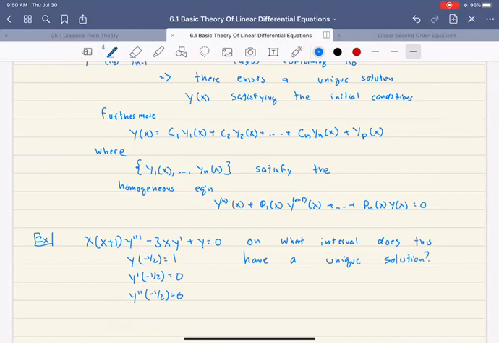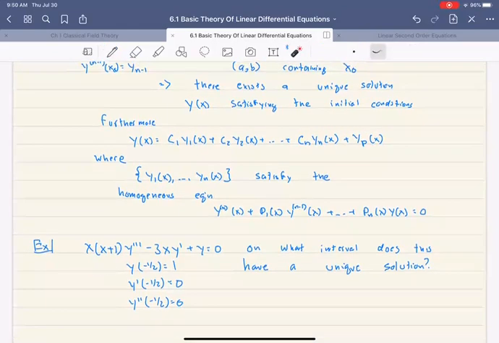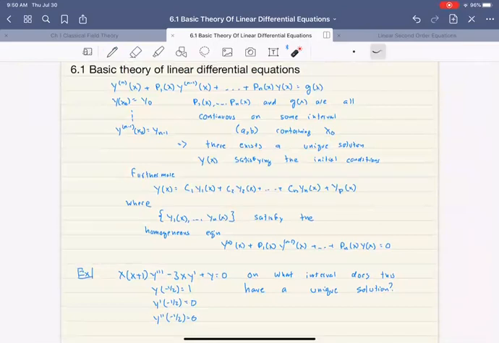So the first thing that we're going to do is put it in the right form. If you look at our form above, notice that the first coefficient is 1. So that means we're going to have to divide throughout by x times (x plus 1).